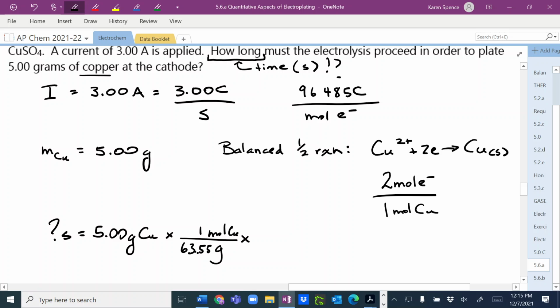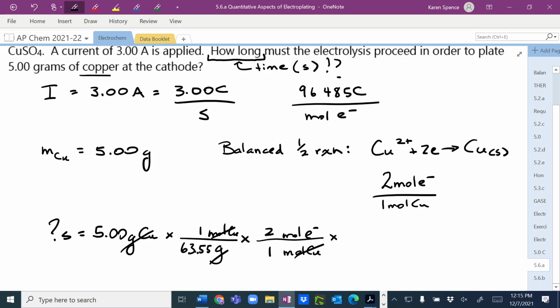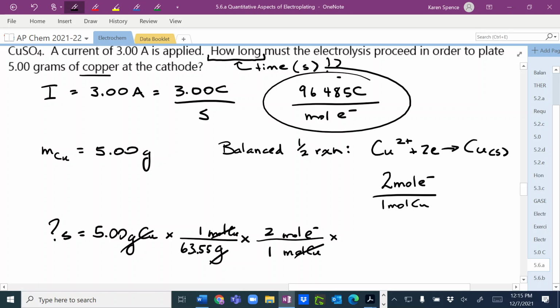Tell your partner. Moles of copper to moles of electrons. Yes. Okay, grams, grams, moles, moles. I made that too big. What will we convert our moles of electrons into? Coulombs, yes? There we go.